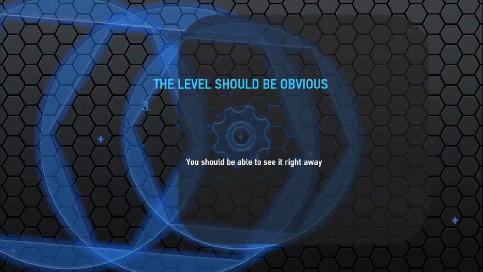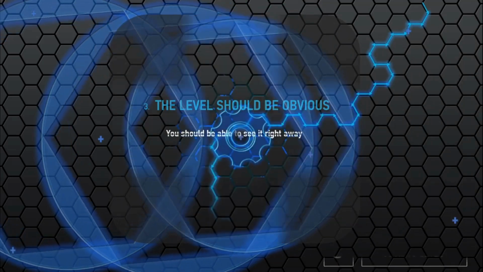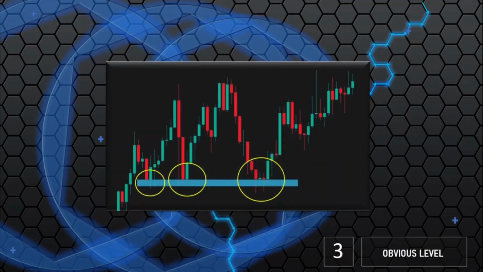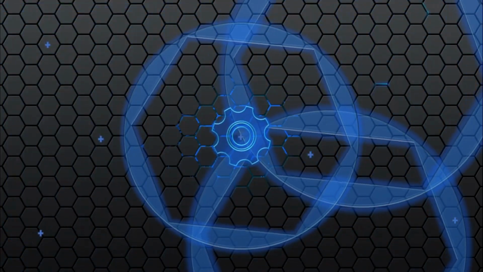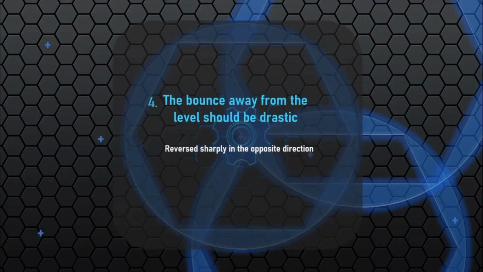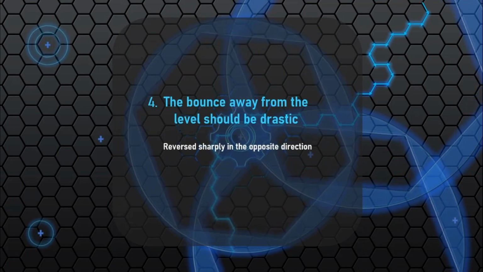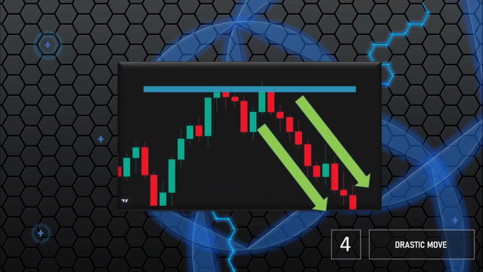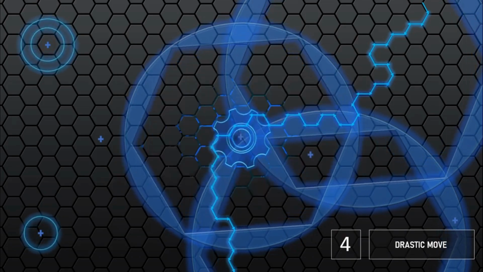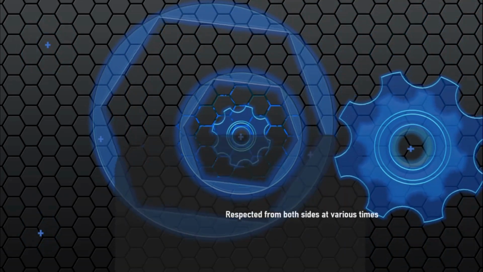3. The level should be obvious, meaning when you look at the chart you should be able to identify the level immediately. 4. The bounce away from the level should be drastic, meaning price should instantly bounce back away from the support or resistance level with big candles. 5.